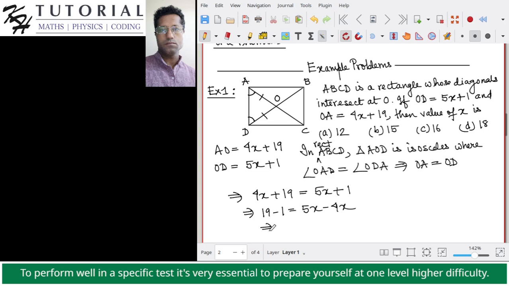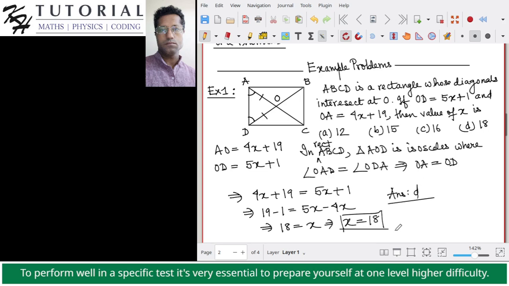So this will imply that 18 is equal to x. This implies that x is equal to 18. So the value of x is 18 and hence the correct choice is D. D is the correct choice.